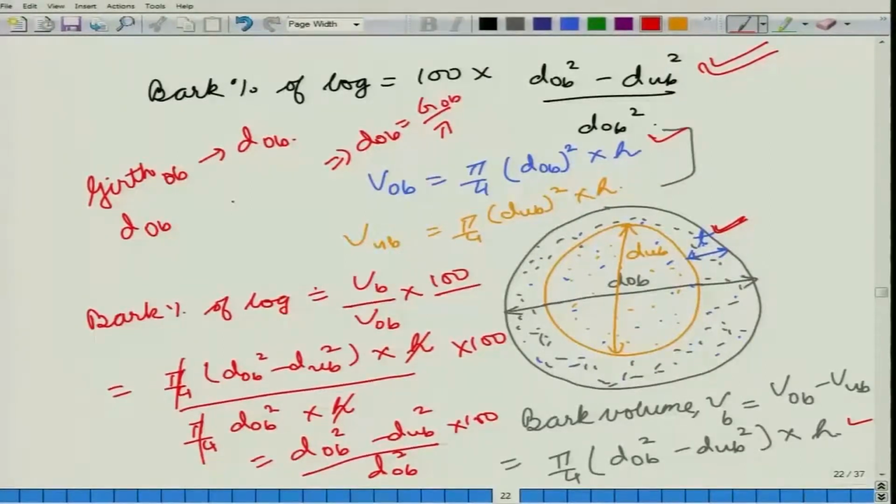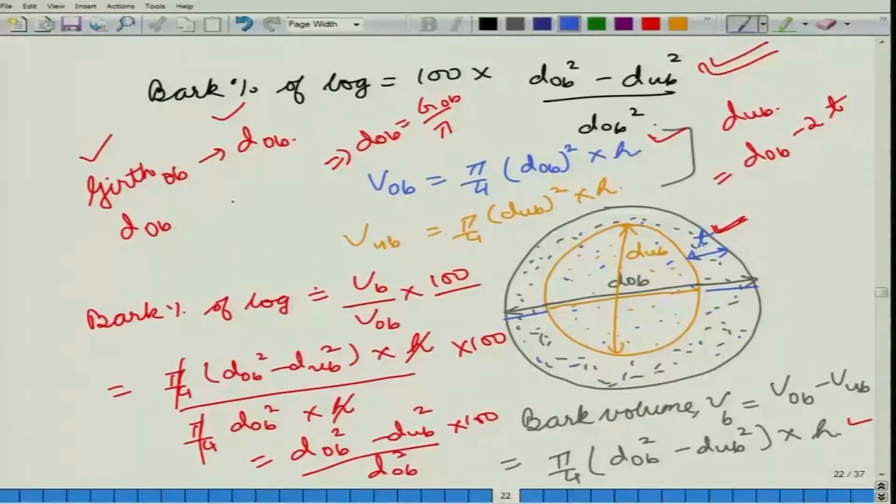So, we can get the girth and we can get the diameter over bark, but we are interested in the diameter under bark. So, this we can get by subtracting twice the thickness from the diameter over bark, because in this diameter over bark we have the diameter under bark and we have a thickness T here and a thickness T here.